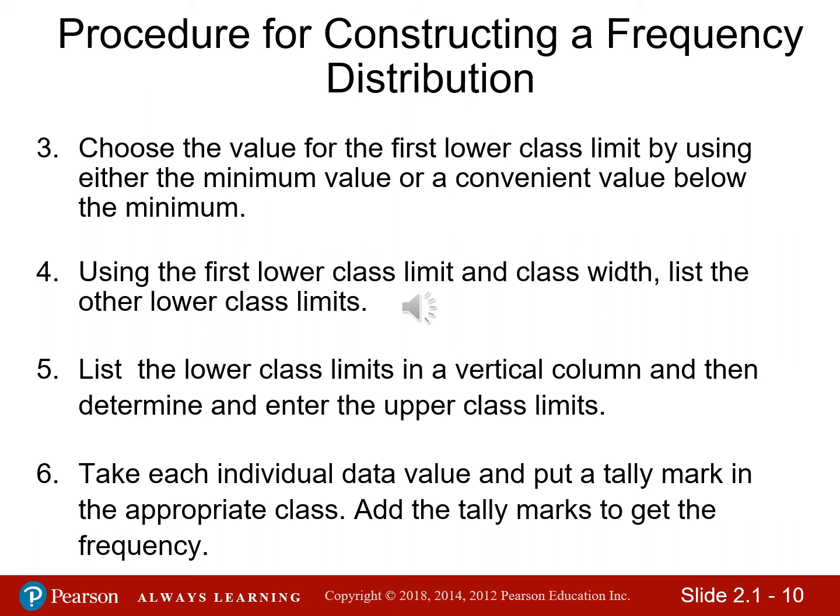Step 6, and the final step, is to put a tally mark for each observation into the appropriate class and then add all of the tallies in each class to get the frequency for each class.